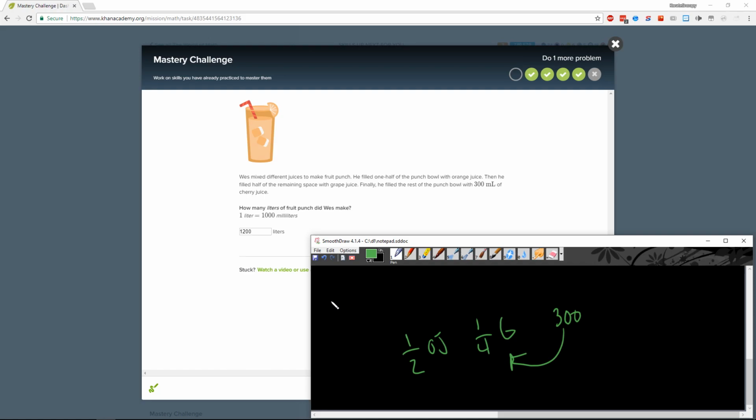Fruit punch. I don't know why it wouldn't be 1200. Sure looks like 1/4 of it is 300, which means half of it would be 600.